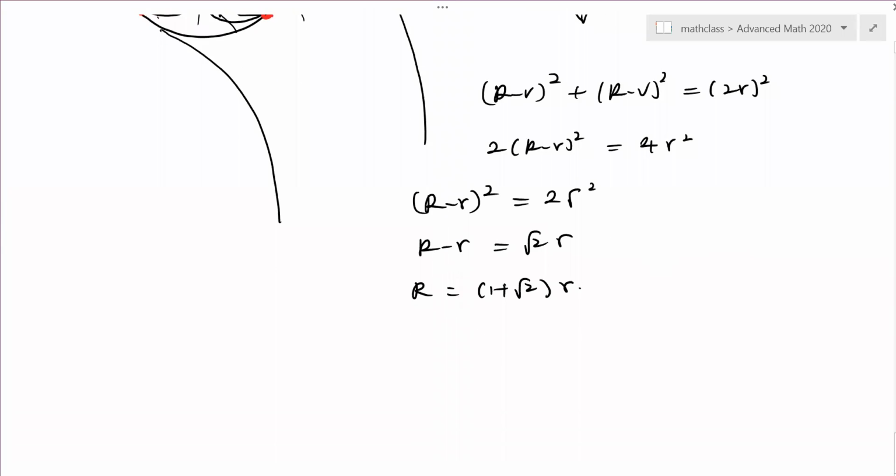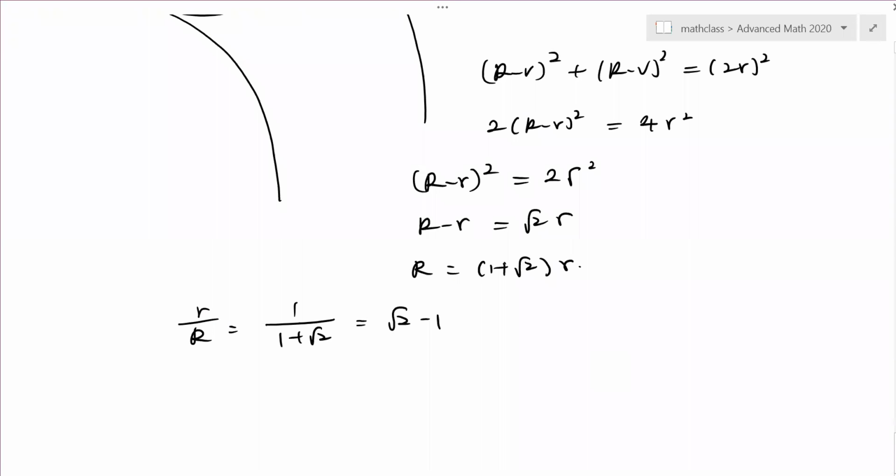The ratio is going to be 1 over 1 plus square root. Okay, and then you can also change it to this. Well, it doesn't matter which form you use. So you find the ratio. Okay, you can estimate this using a calculator. So then it's not a fraction.